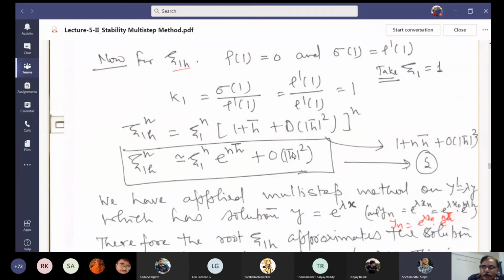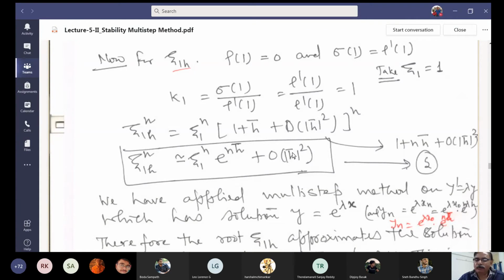Now we'll come back to the problem from where we have started: y prime equal to lambda y, with y(x_0) equal to eta_0. This was the problem.